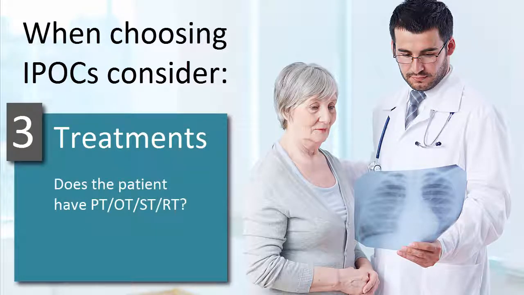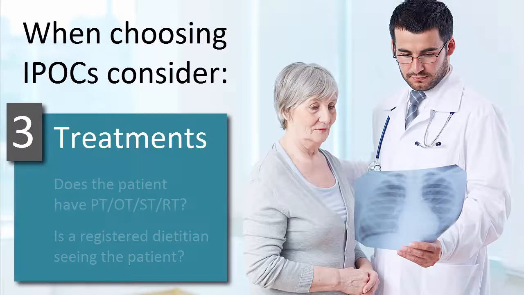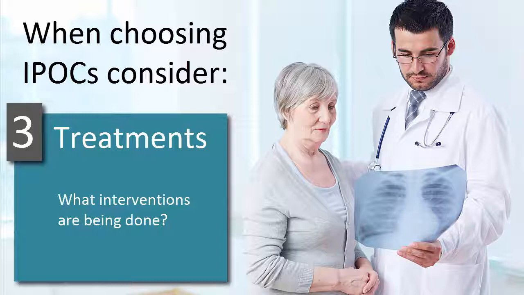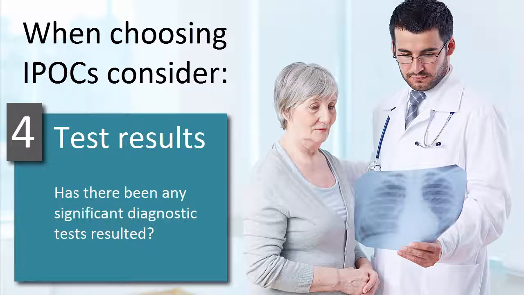Is PT, OT, ST, RT, or a registered dietitian seeing the patient, and what interventions are being done? 4. Has there been any significant diagnostic tests resulted that should be reflected in the IPOC?